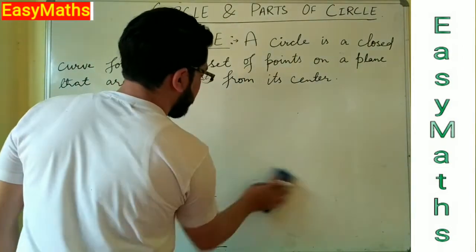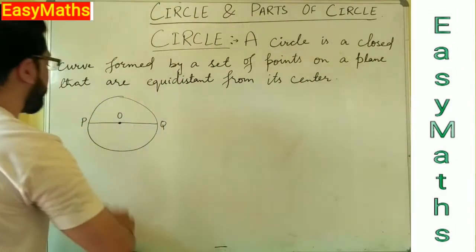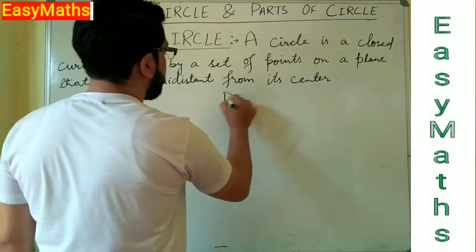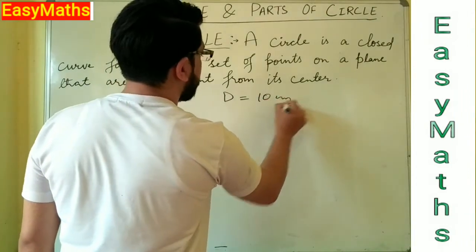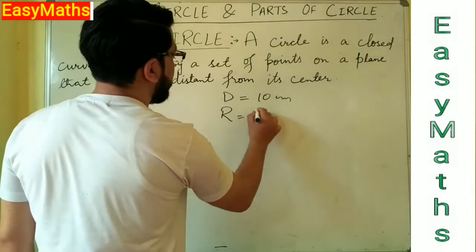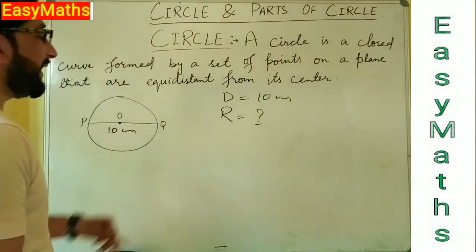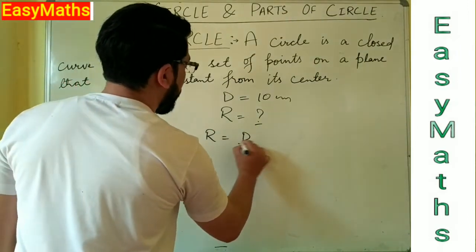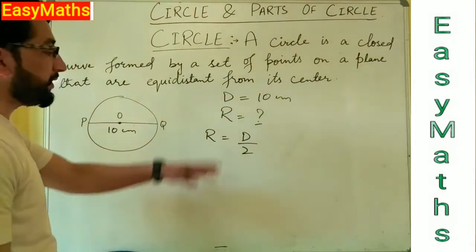The same is the case with diameter. If the diameter is given, suppose the diameter is 10 centimeters, and we have to find the radius. What will be the radius? Here the radius is equal to half of the diameter, that means diameter divided by 2.